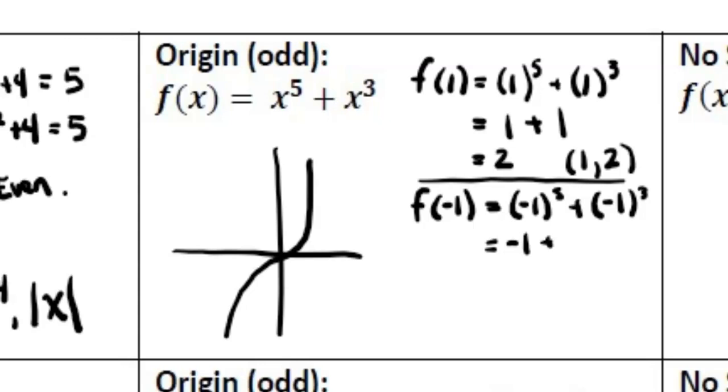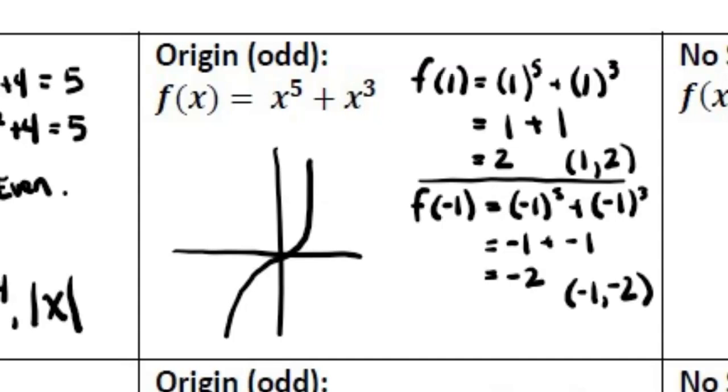So negative 1 plus negative 1 gives us negative 2. And so we have the point negative 1, comma negative 2. When I put in a positive value for x, 1, I get 2 in this case. When I put in a negative value, I get the negative of that, negative 2.